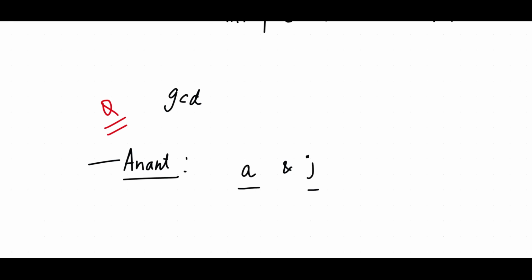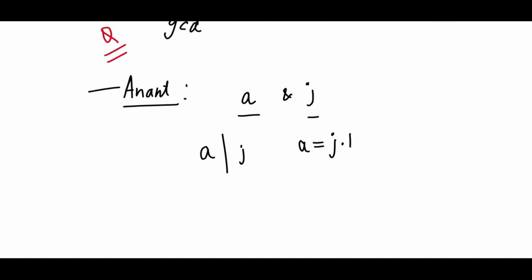So like if A is dividing J, we can write it like that. Not exactly dividing, let it be just like we are dividing simple integers. ओके, if we have any remainder, मतलब J is something A into X plus R1.